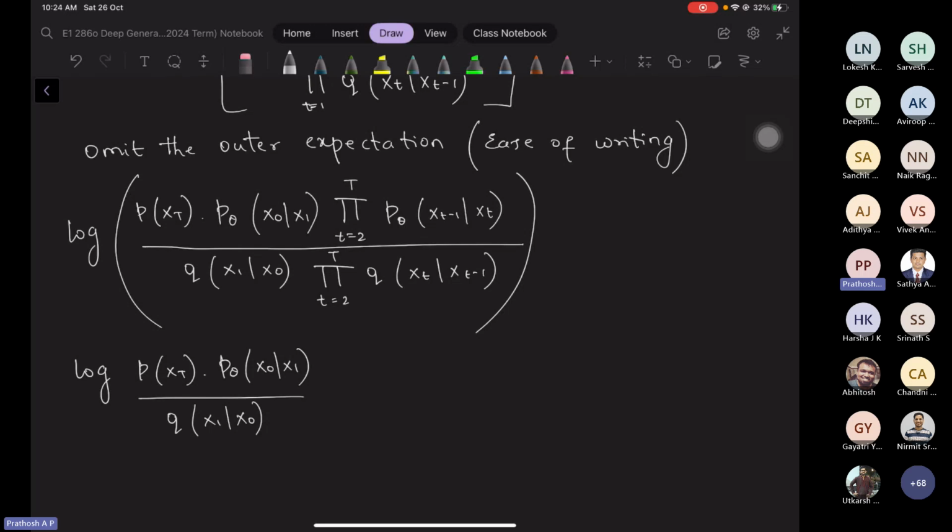The second term is plus log of the product over t equal to 2 to capital T of p theta of xt minus 1 given xt divided by q of xt given xt minus 1.